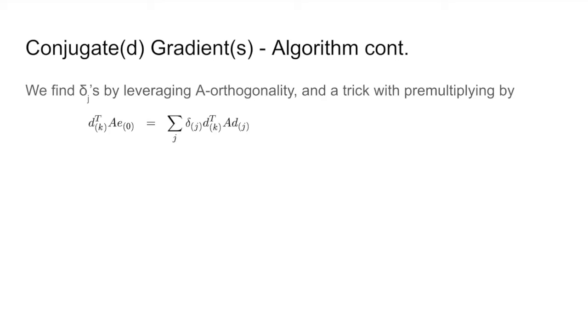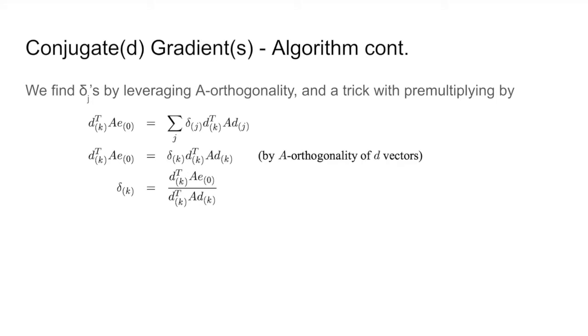We first pre-multiply our error by some search direction within the search directions that we have, d_k transpose times the matrix A, which are both given. This gives us the following sum on the right here. Since all our search directions are A-orthogonal, this means only the kth value is non-zero in the sum. Rearranging gives delta_k values.